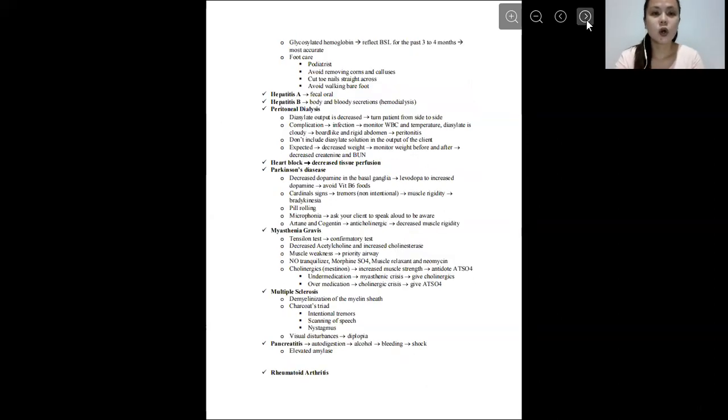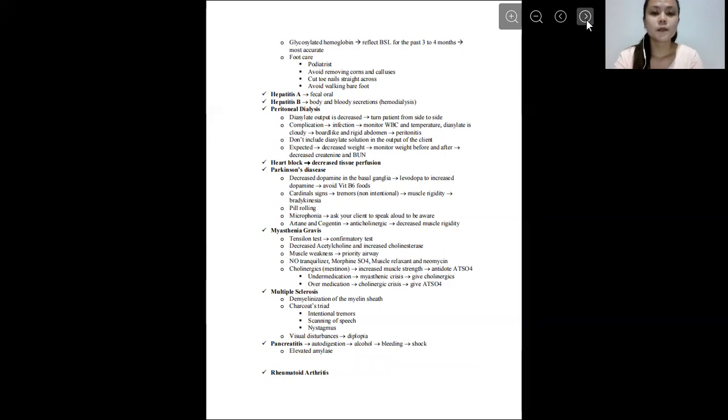Next is glycosylated hemoglobin. This is a test that reflects blood glucose level for the past 3 to 4 months. This is the most accurate to determine the level of glucose in the bloodstream.